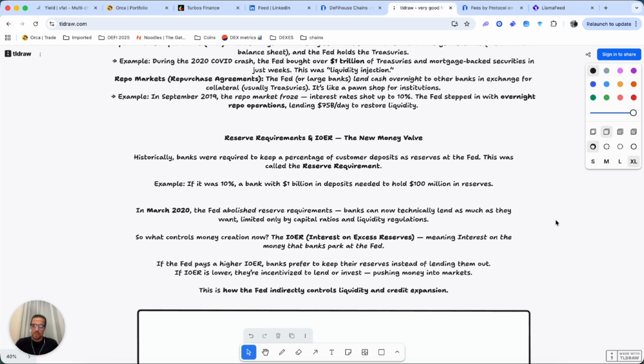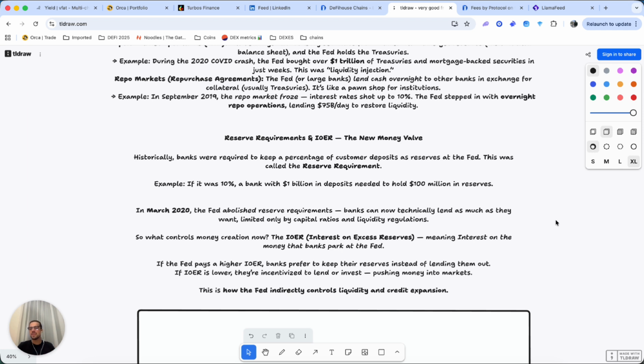Next, reserve requirements and the new money world, so to speak. So historically, banks were required to keep a percentage of customer deposits as reserves at the Fed. This was called their reserve requirement. And at the moment, we're speaking about the US system.